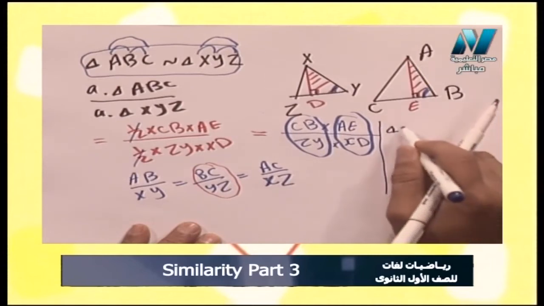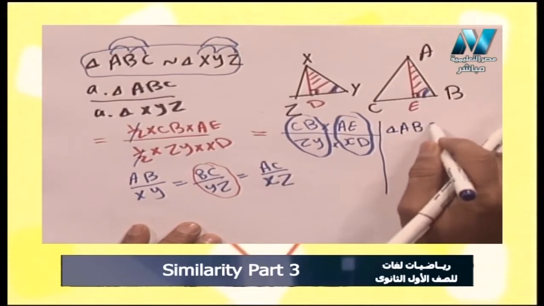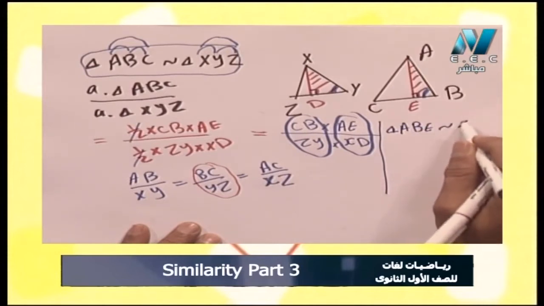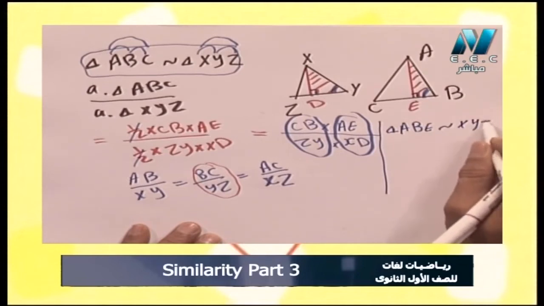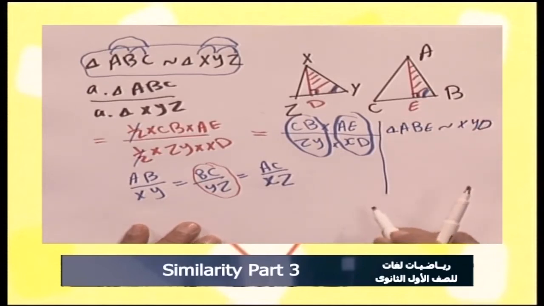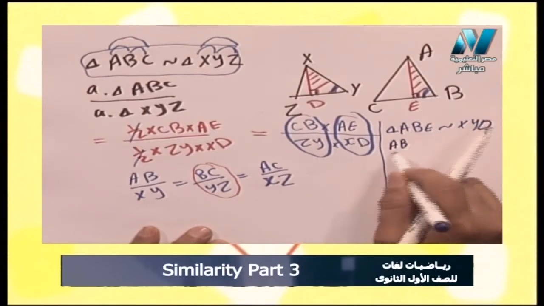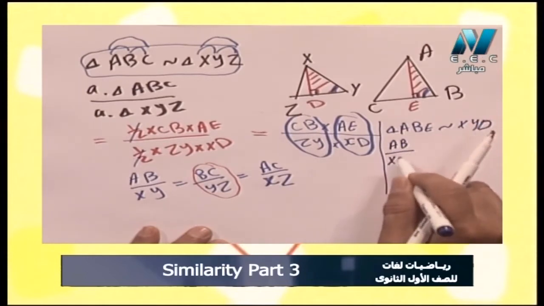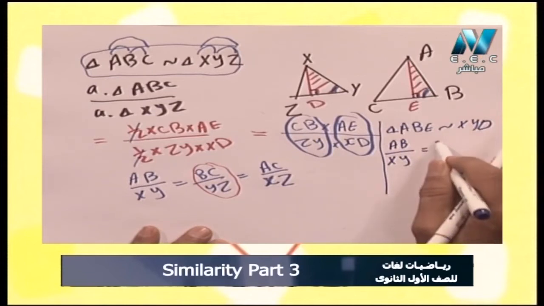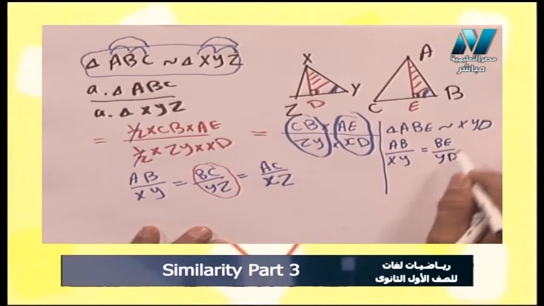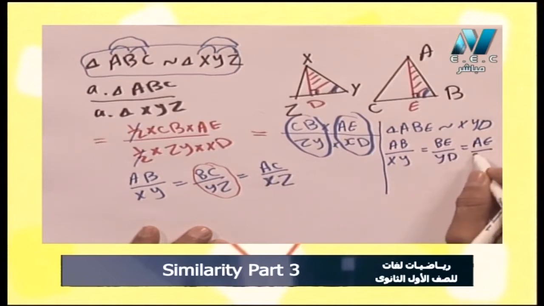Triangle ABE is similar to triangle XYD. And we can write AB over XY equals BE over YD equals AE over XD.